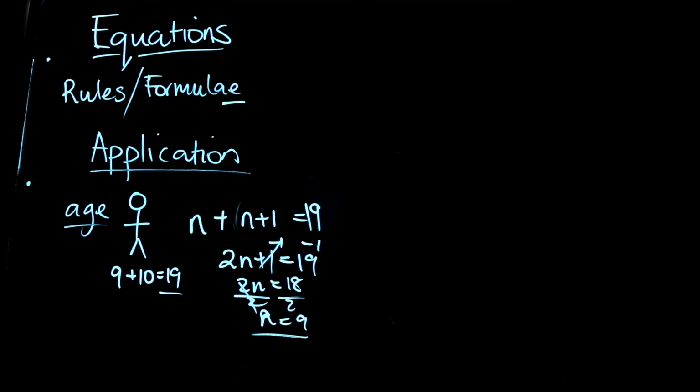And so another question might be, you've got a brother and sister, and their ages are 2 years apart, and together they add to 30. So what does that look like?